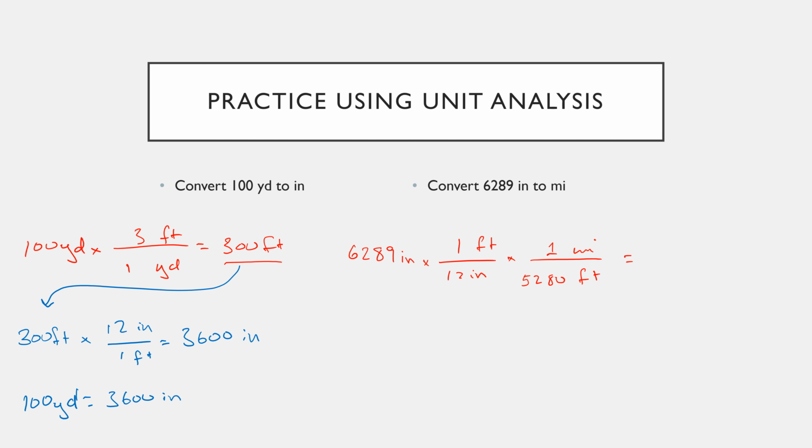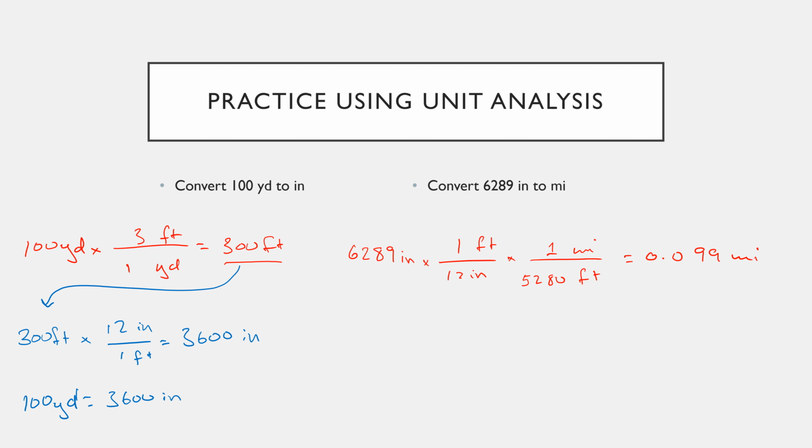So this is just a lot of division. 6,289 divided by 12 is 540 and some decimal places. Divide that again by 5,280, and we're going to get a small number, 0.099 miles.